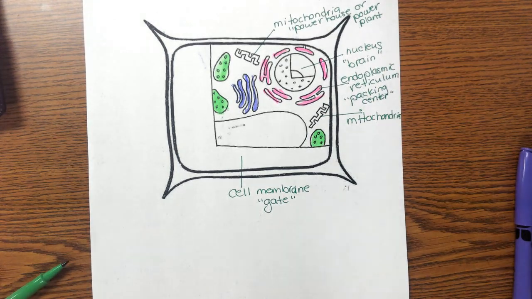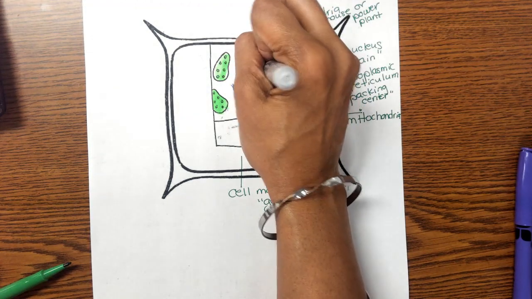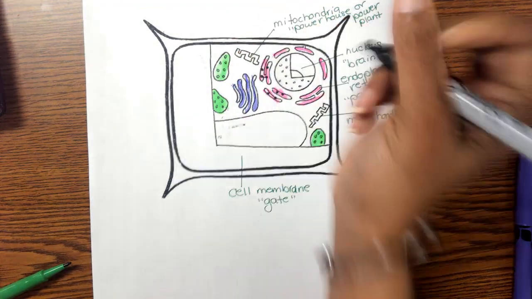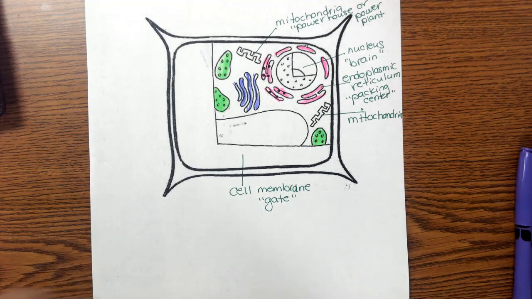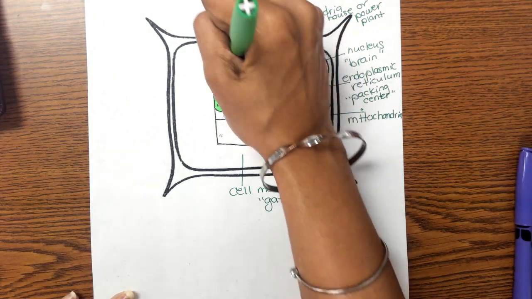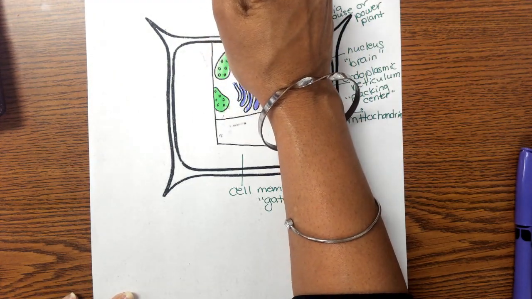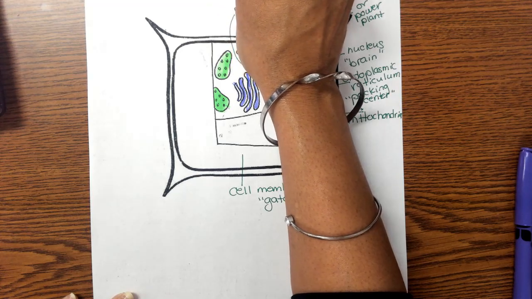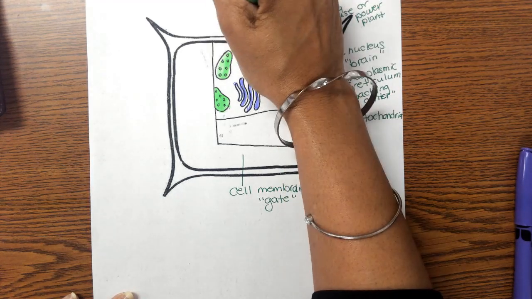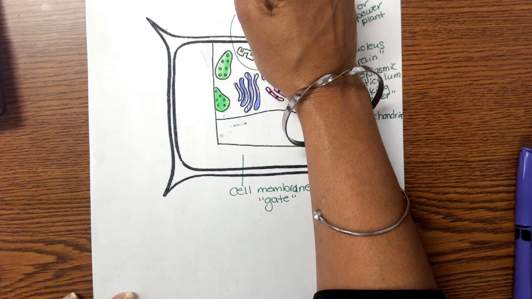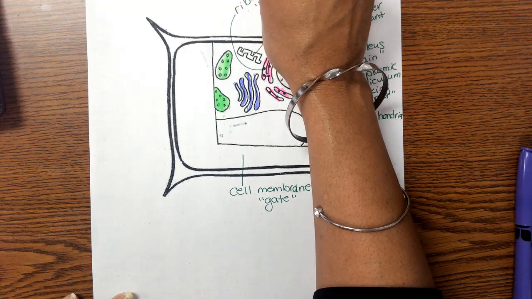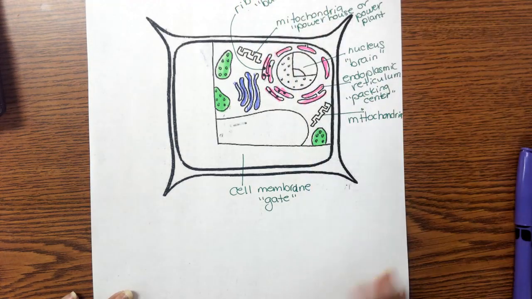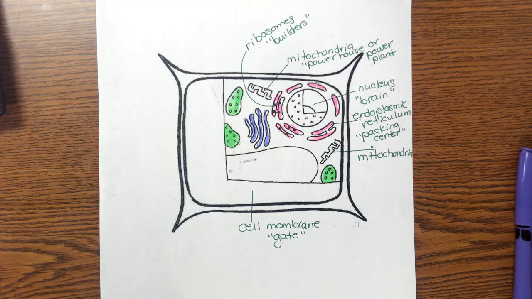Oh, one thing I forgot to draw on here. These little black dots on top of the endoplasmic reticulum, those are ribosomes. And we said these were the builders because they make protein. Oops, sorry, I'm out of frame there.